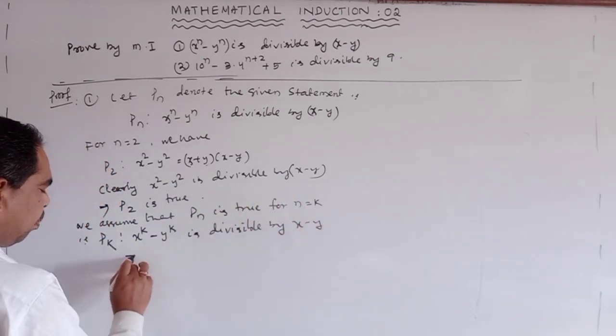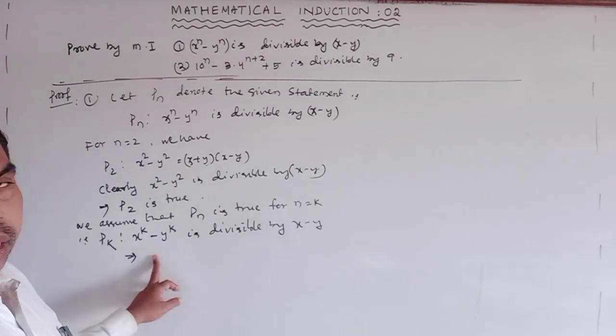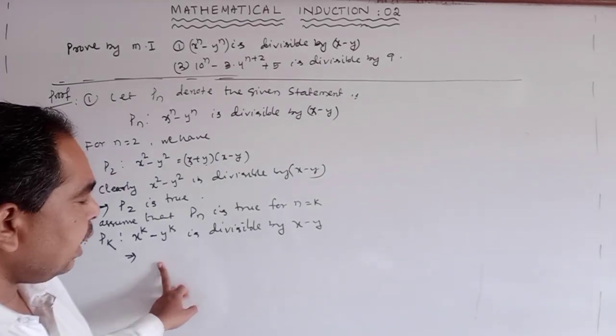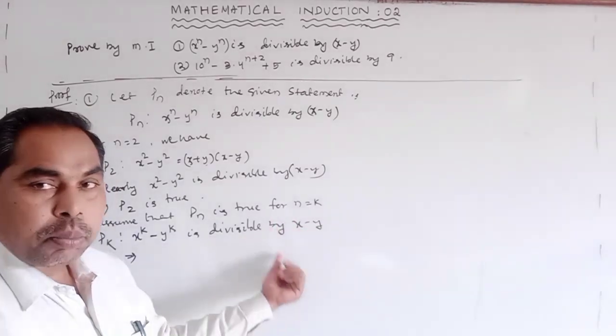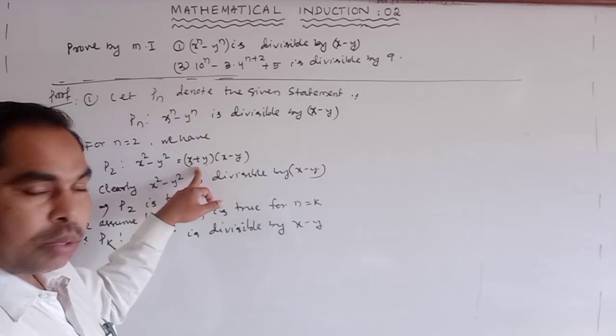So this implies x to power k minus y to power k is equal to x minus y times an integer.